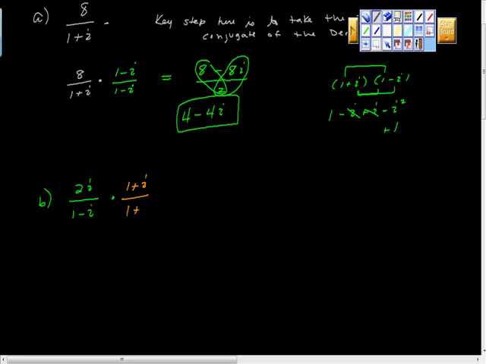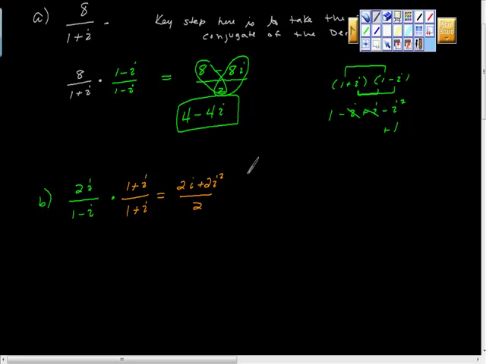1 plus i. We already did this math, right? What is 1 minus i times 1 plus i? Is equal to 2. So there's that 2. We have 2i times 1 is 2i, isn't it? 2i times i is plus 2i squared.